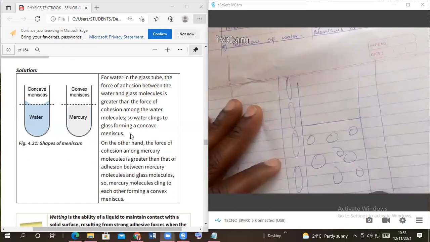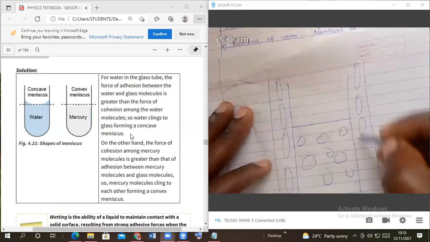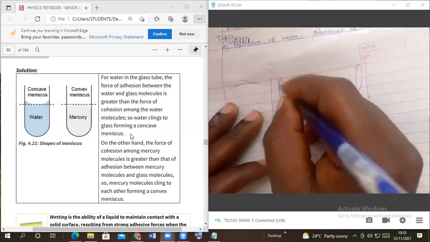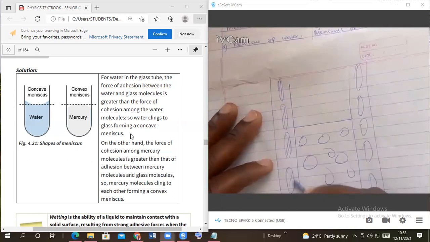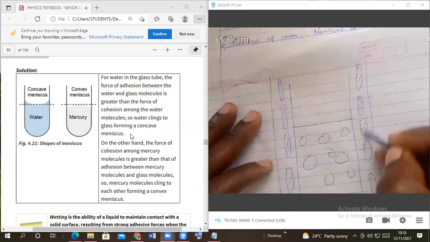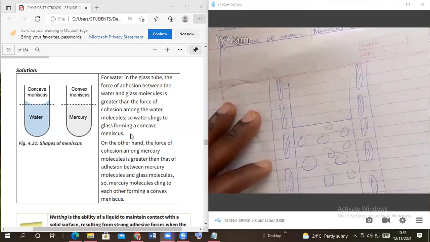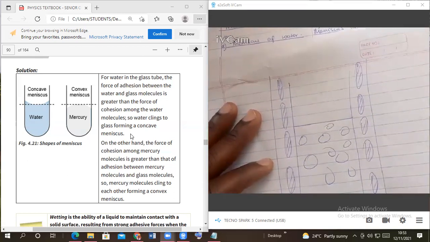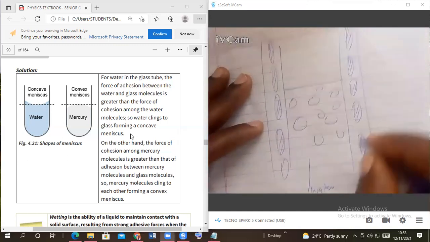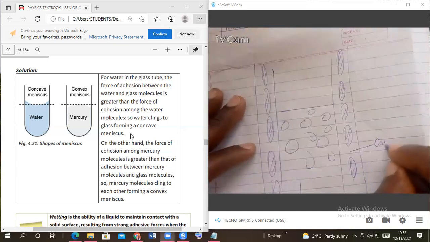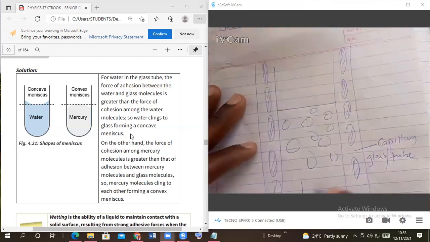Let me shade them to give a difference. These are the molecules of the tube, and these are the molecules of water. Here I have water, and here we have the capillary tube, or the glass tube.